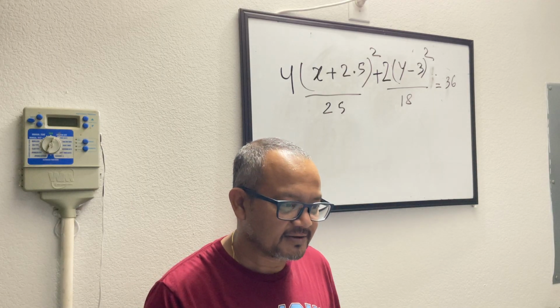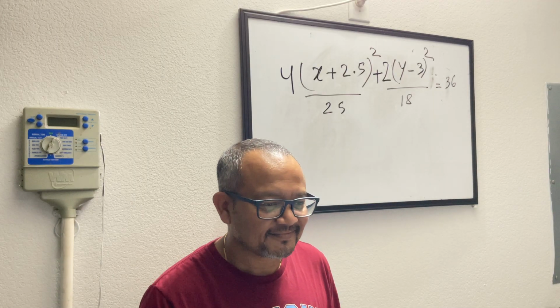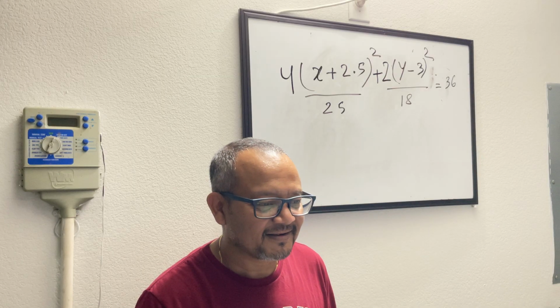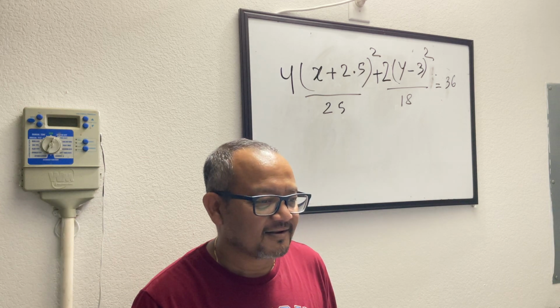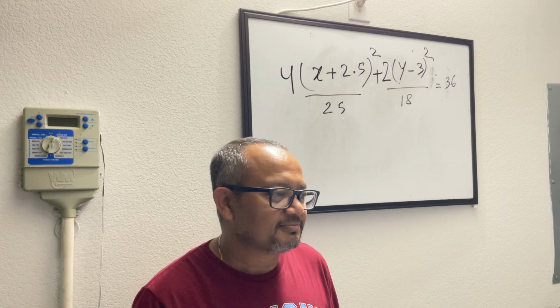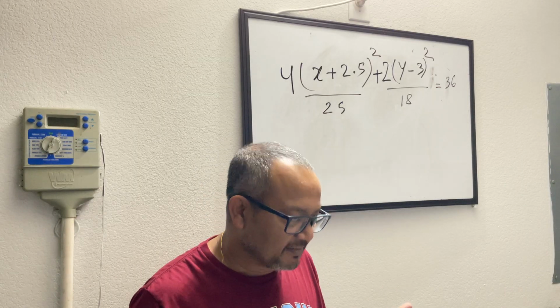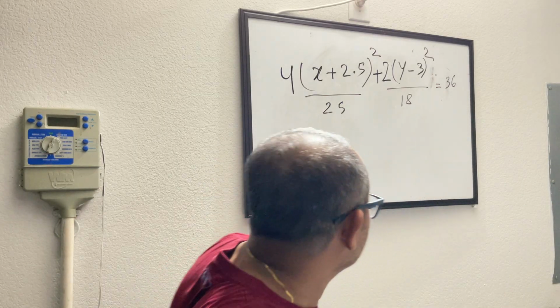Difficult? Easy? Well, I don't know if I should do something with 36 first or distribute the 4. So, okay, just in the interest of time, I'll give it a try.